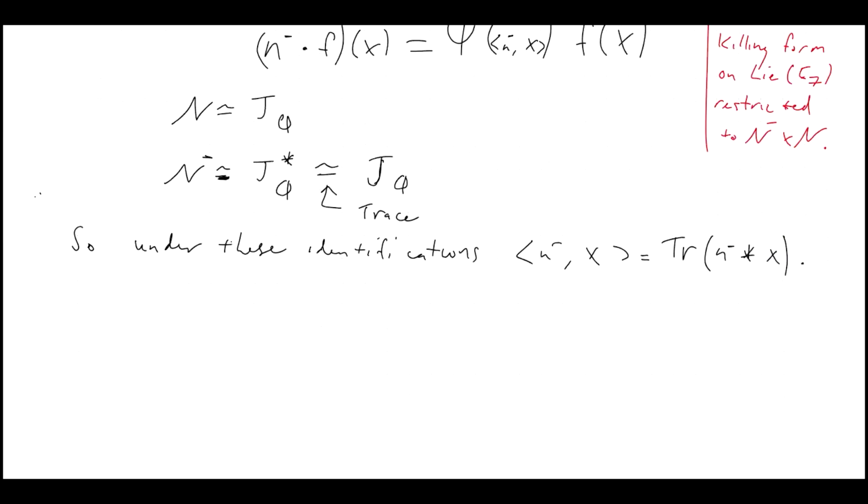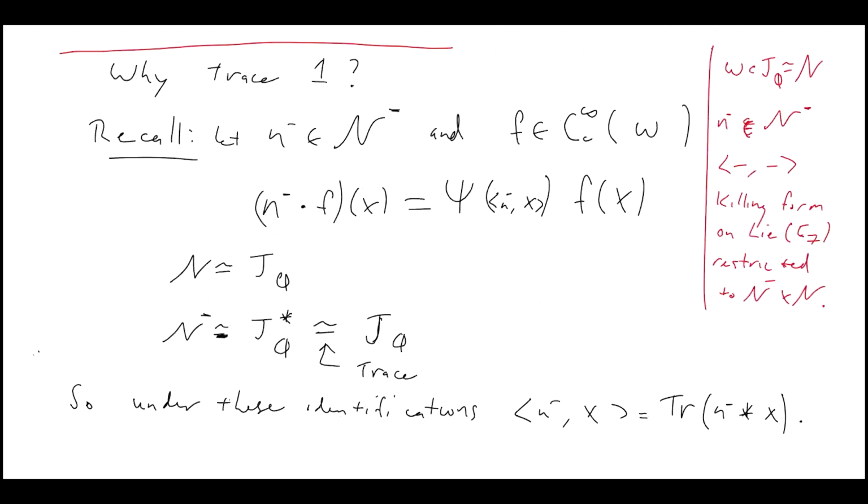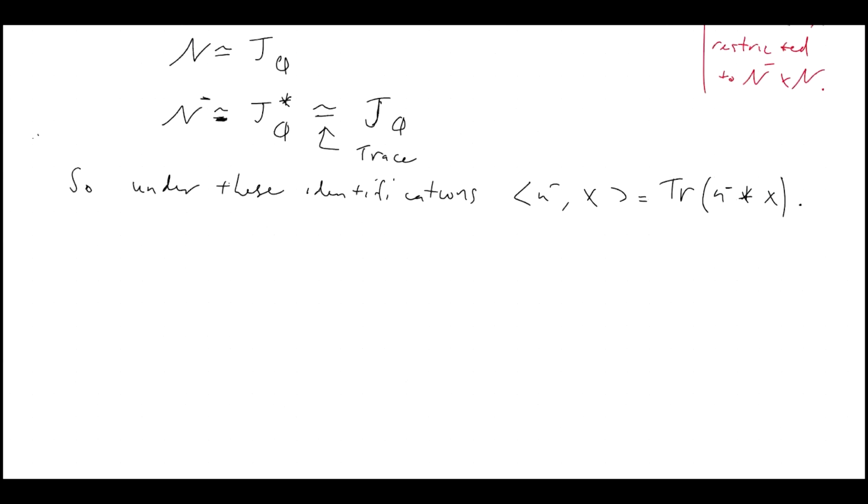But now we're interested in the U minus psi coinvariance. And from earlier, this U minus, which is sitting inside of n minus, where n minus can be identified with the Jordan algebra, I think I said this earlier, this gets identified with the multiples of the line through the identity element. Okay.